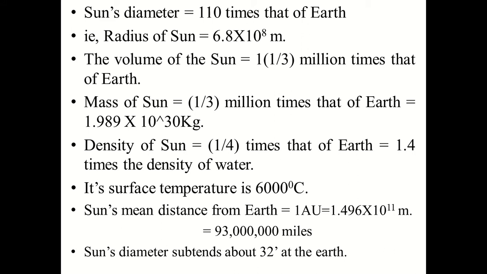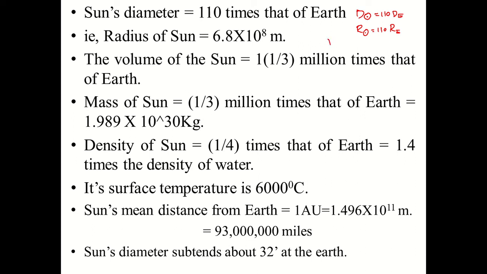That means the diameter of the sun, usually represented by a circle with a center dot, which is the symbol for the sun, is 110 times the diameter of earth. Or in terms of radius, the radius of the sun is also 110 times the radius of earth.